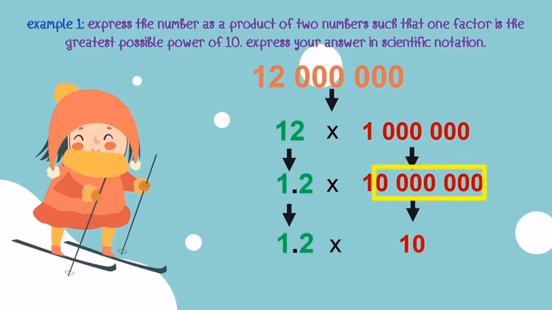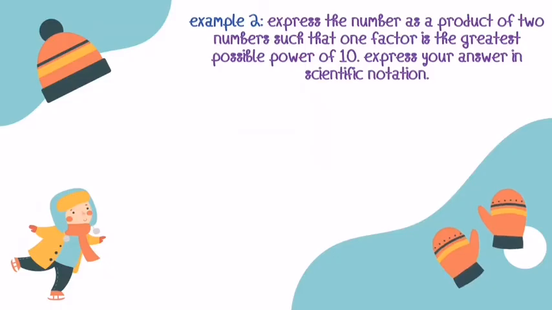How many zeros do we have here? It's 7. So simply put, that will also be the value of our exponent, 7. Simply put, this is the scientific notation of 12 million. That is 1.2 times 10 to the power of 7.